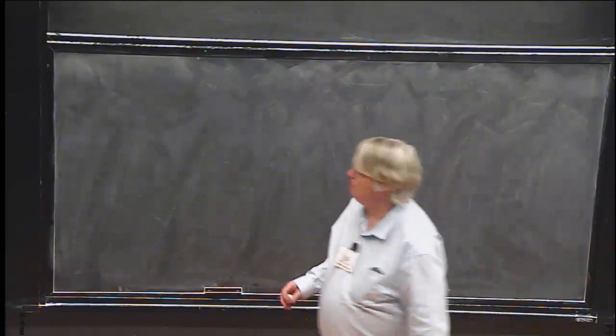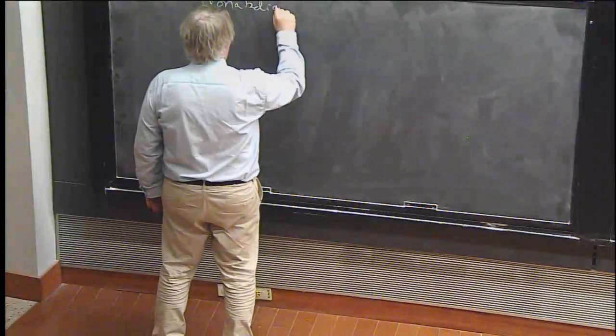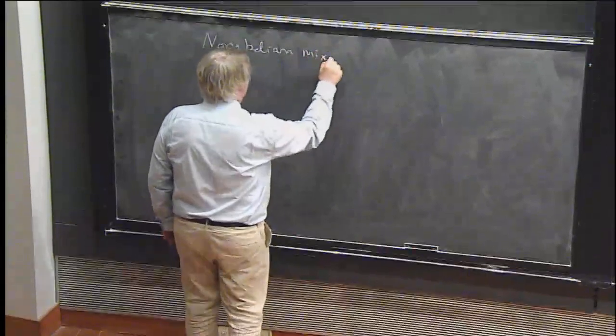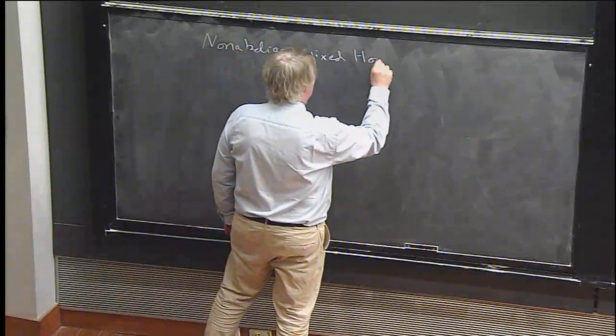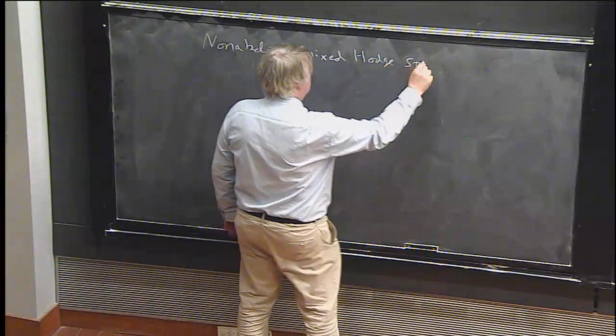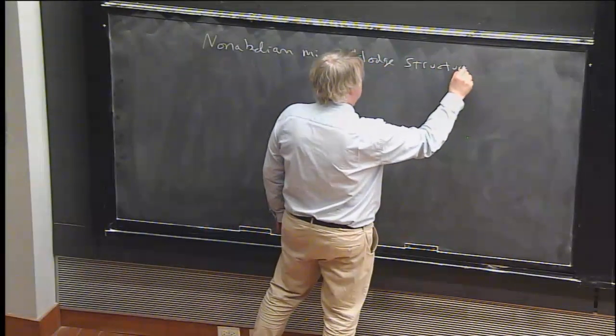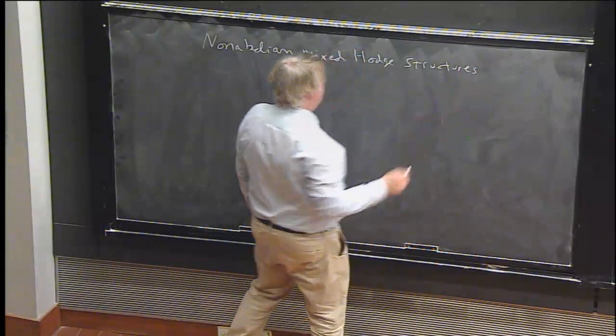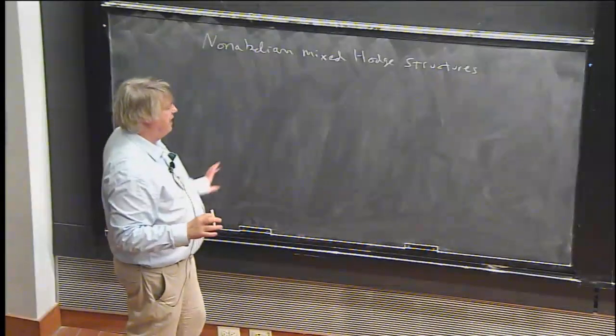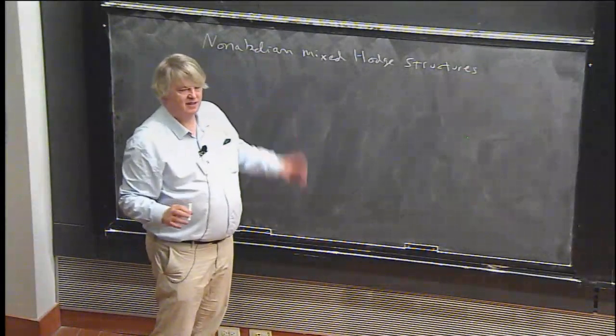So I'd like to just start by recalling usual Hodge theory. The goal is to discuss non-abelian mixed Hodge structures. You might say the conclusion is that we don't really completely understand what this means.